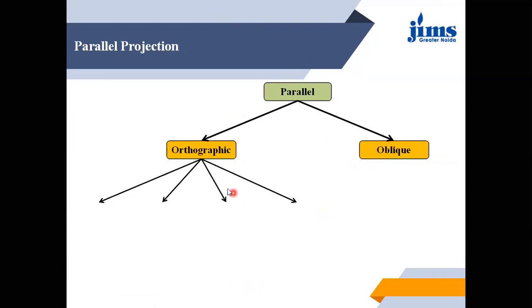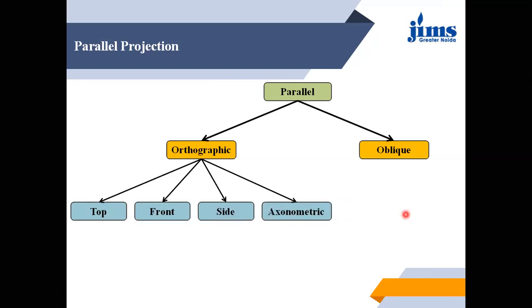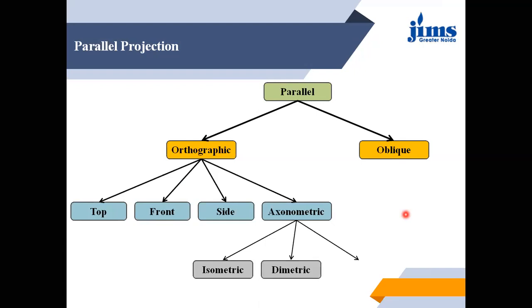Then orthographic projection is divided into four main categories: top orthographic parallel projection, front, side, and axonometric orthographic parallel projection. And axonometric orthographic parallel projection can also be divided into three categories, that is isometric, diametric, and trimetric.